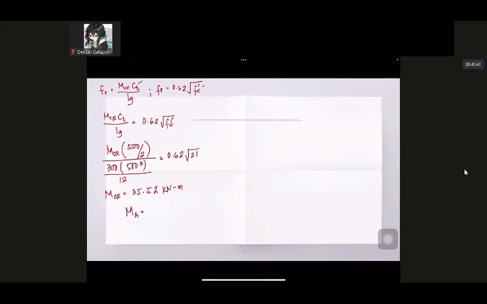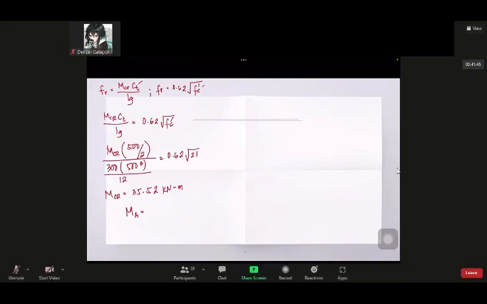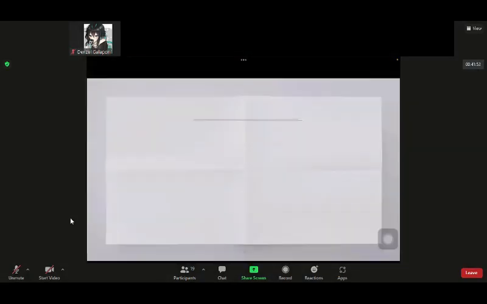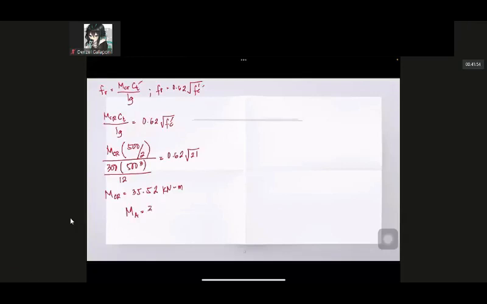What is the actual moment from earlier? I forgot. The cracking moment earlier is 30 kilonewton meter. So that is MA and MCR. Which is bigger? MCR. Tama?